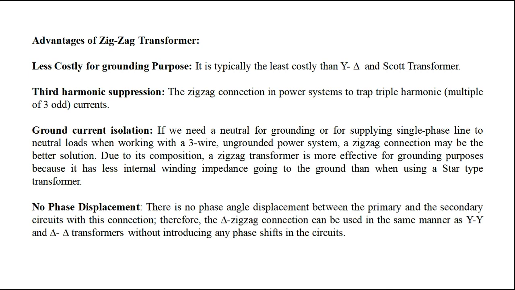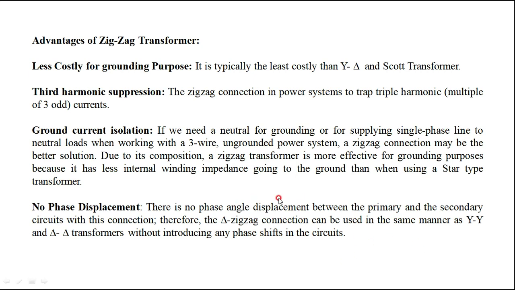There is an isolation from the ground connection. That is also possible using the zigzag connection of the secondary. And at the same time, there is no phase displacement between the primary and secondary circuit with this connection. These are some of the advantages of the zigzag transformer connection.